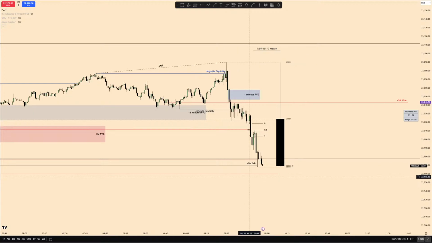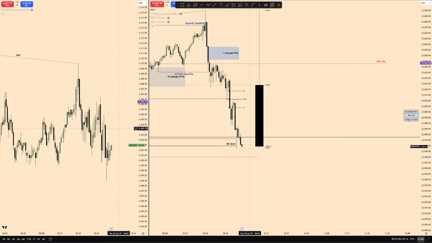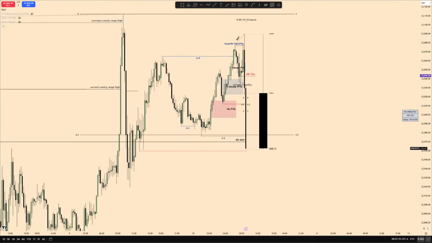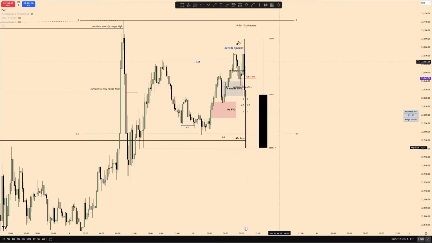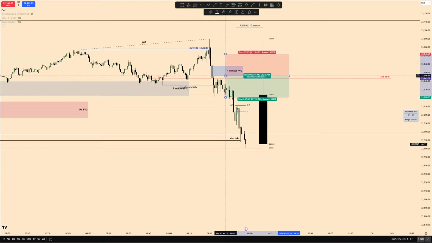It's weird, all the indexes are different. YM's pumping, NQ's dumping, ES hasn't moved. ES is coming back up actually. But if you look on the 50-minute, they're all completely different. I missed my fill up there.